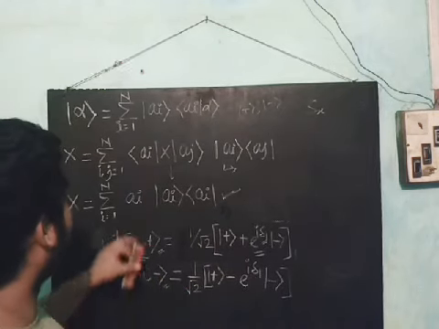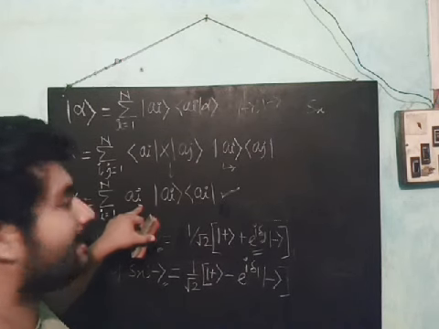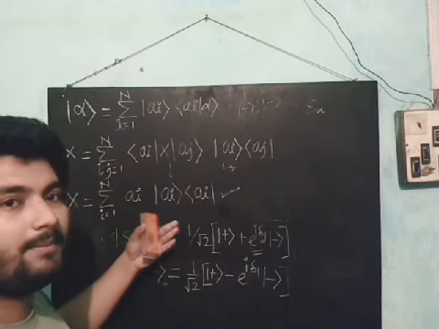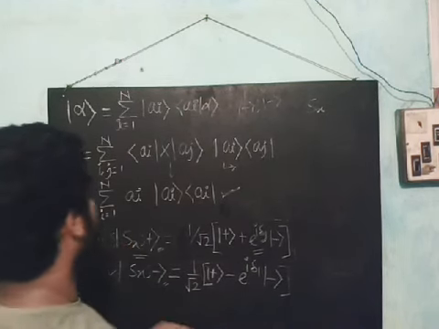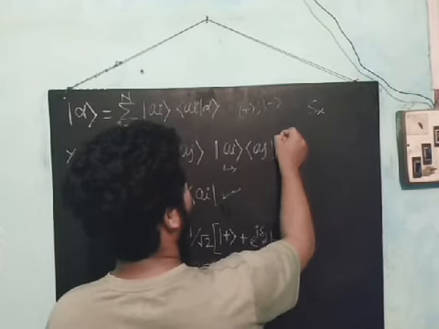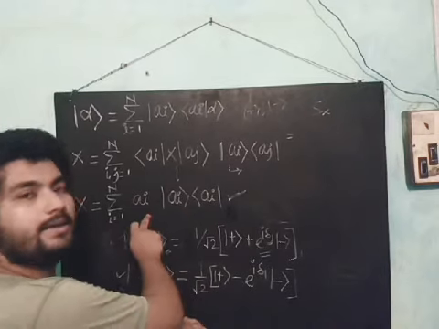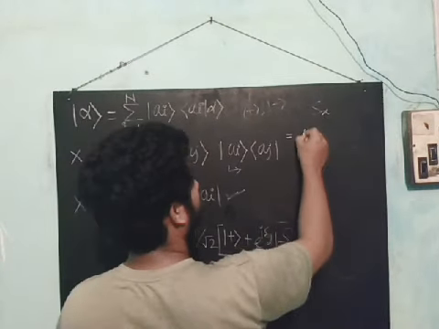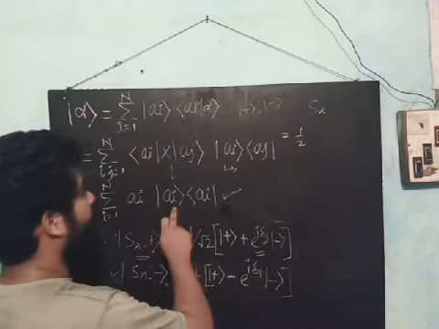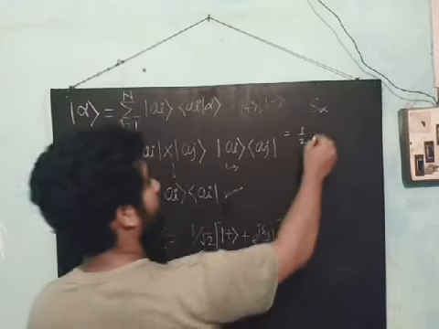What will be the Ai's? The Ai's will be positive half and negative half. So the formula will be here: for Sx positive, Ai will be half. So half, Ai is this thing.